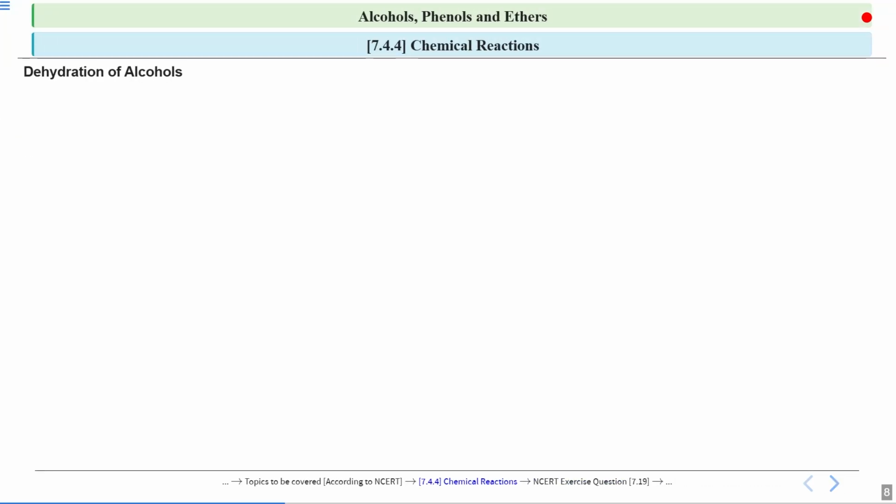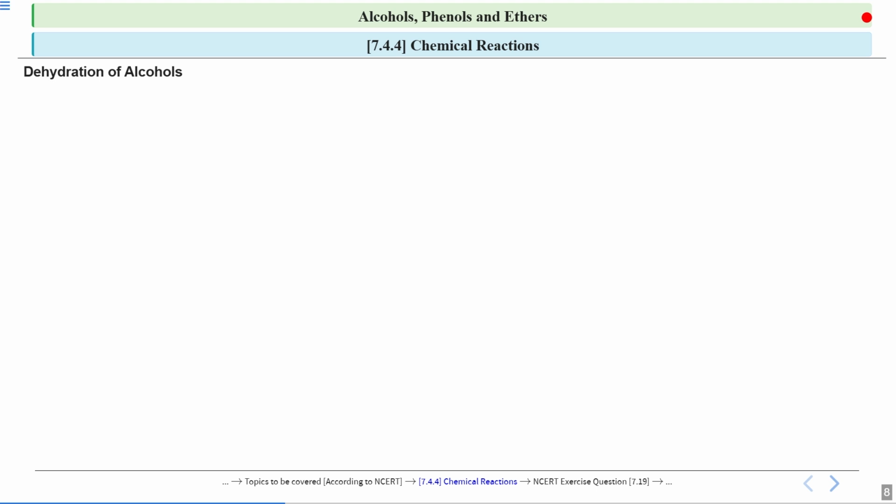Now let us see the dehydration of alcohols. What do I mean by dehydration of alcohols? Dehydration, you must have heard this word. When there is a deficiency of water in your body, we can say that you are dehydrated. So it is advised to drink more and more water to avoid getting dehydrated.